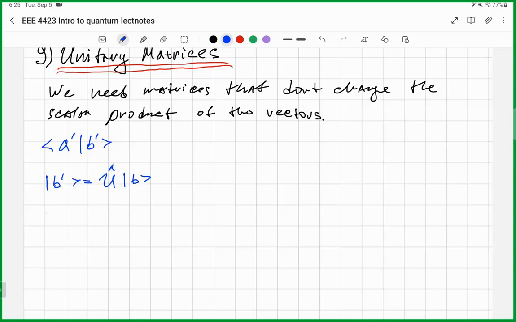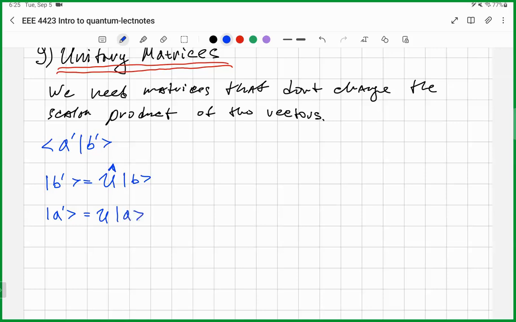For the second vector A dash, we write the same U. This hat denotes an operator, by the way. It's a traditional way to denote an operator. If you write this without the hat, it's still okay, as long as you understand what you are writing.